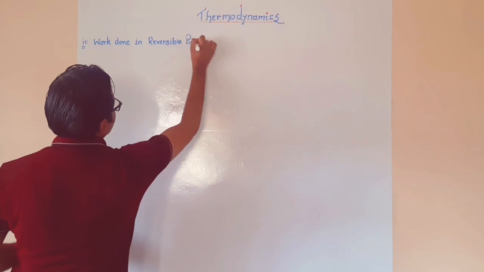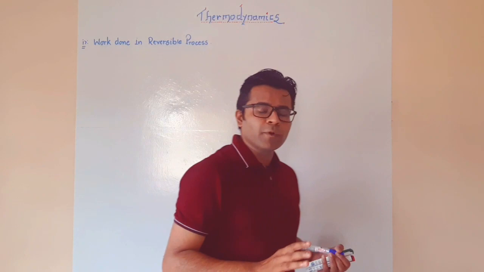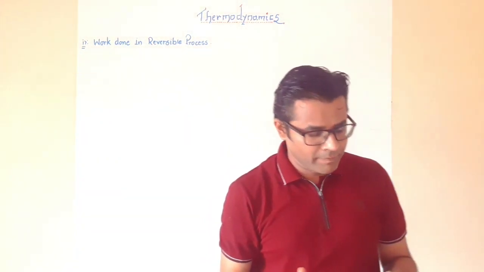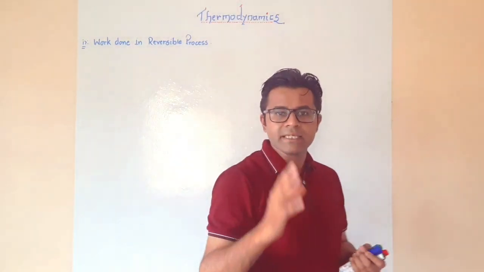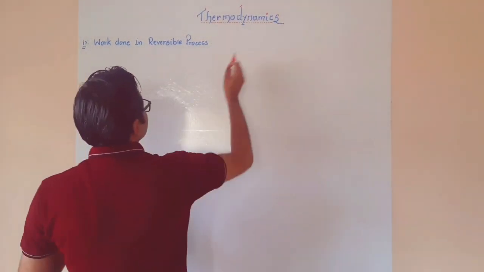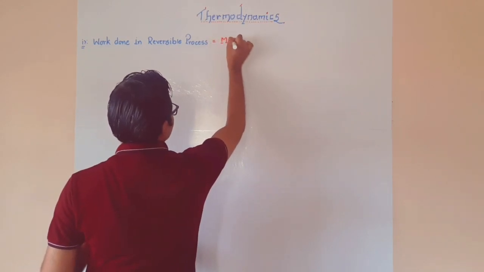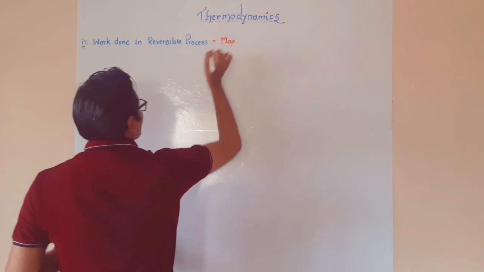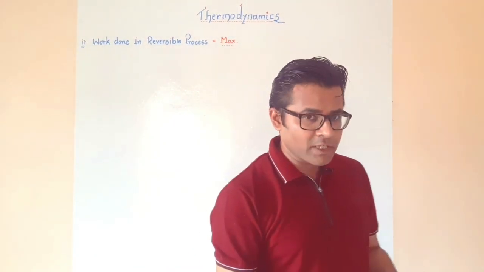Now they claim that the work which is done in a reversible process is maximum when we compare it to the work which is done in an irreversible process. Now we need to prove this point.